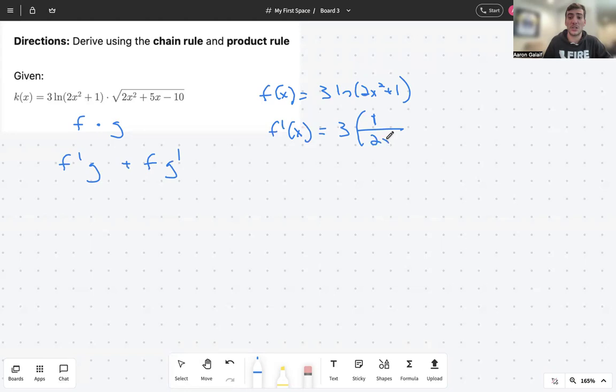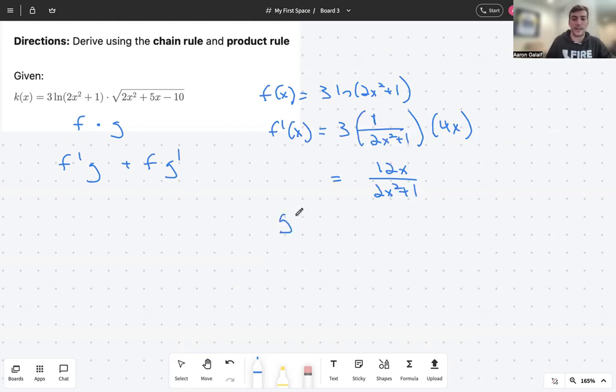So don't touch 2x squared plus 1. Then we multiply by the derivative of the inside, which is 4x. Okay? So then we have to clean that up, and this will become 3 times 4, 12x over 2x squared plus 1. Cool. All right.